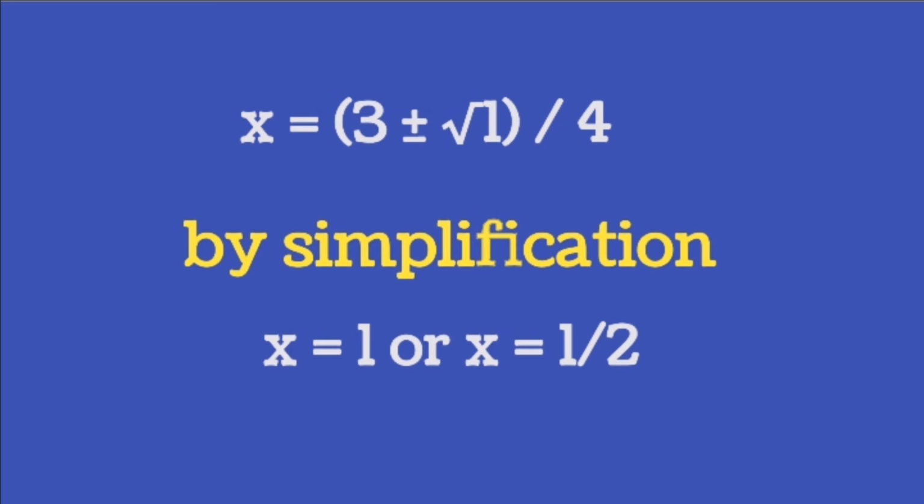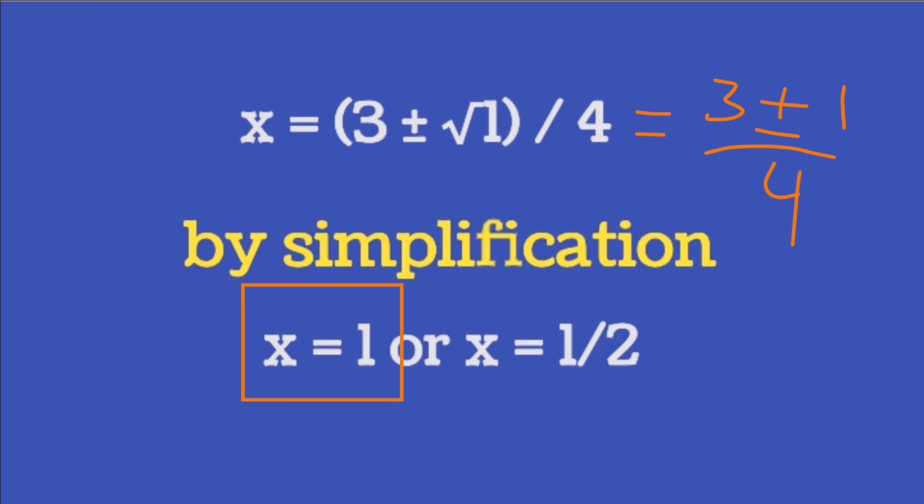Now we know that square root 1 is equal to 1. So the given step becomes 3 plus minus 1 divided by 4. So by simplification, this is equal to x is equal to 1 or x is equal to 1 over 2.